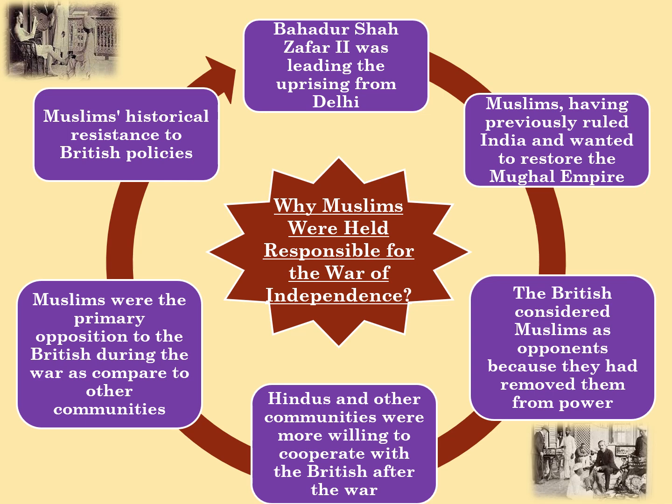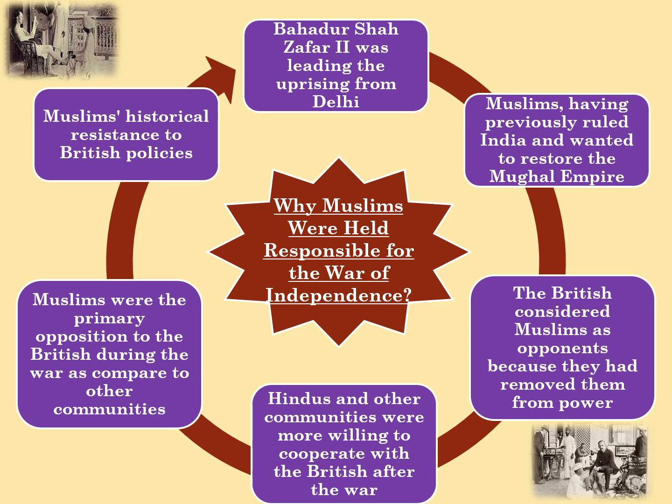Muslims had previously ruled India, so they desired the restoration of the Mughal Empire, leading the British to perceive that the rebellion was an attempt by the Muslims only to regain power. The British considered Muslims as adversaries because they had removed them from power, and aimed to suppress any reoccurrence of Muslim rule by blaming them for the rebellion.